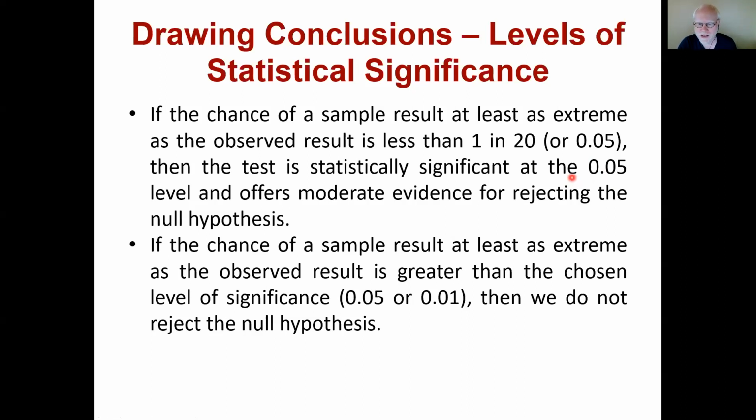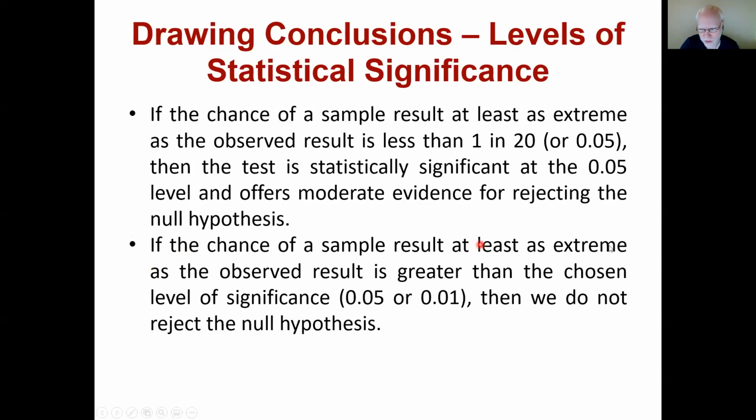So 19 times out of 20, you'd be fine. Or with 1 in 100, only 1 time out of 100 would you get it. So it's really unlikely, only a 1% chance that you just got that weird sample. And because it's very unlikely you got that weird sample, that gives us quite strong evidence that it's more likely the null hypothesis is wrong, that gender choice did something.